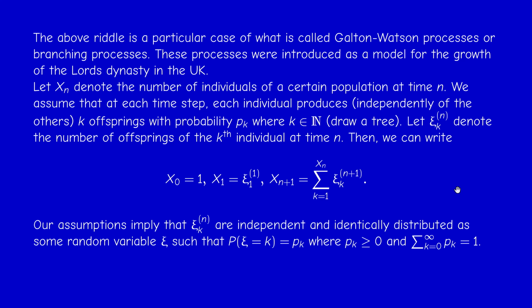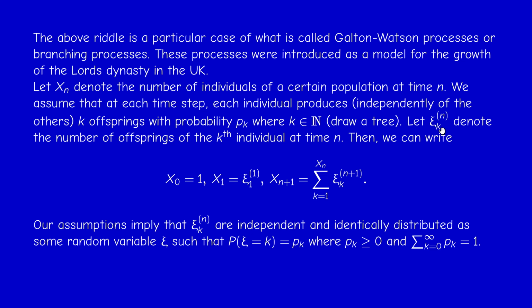Now, all these psi kn are actually IID, and they have distribution pk. So I call psi a model random variable having distribution pk.